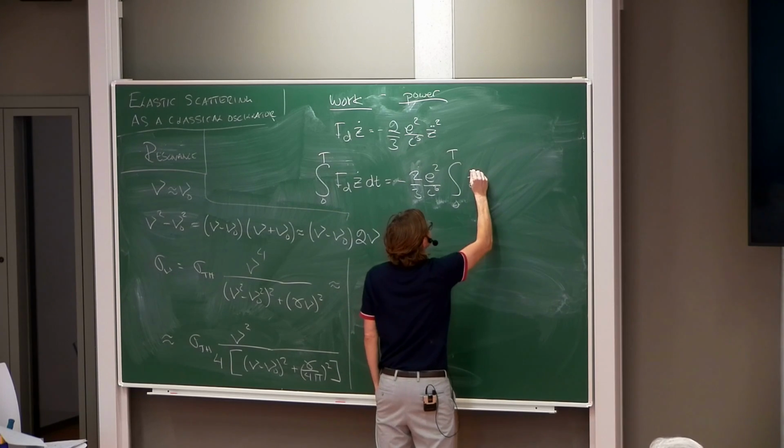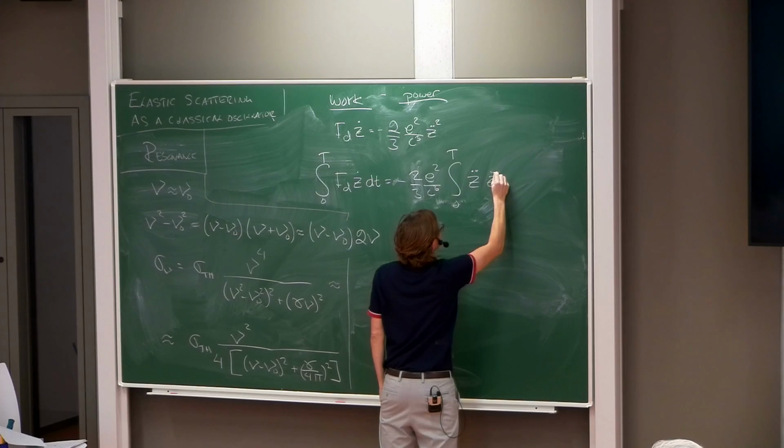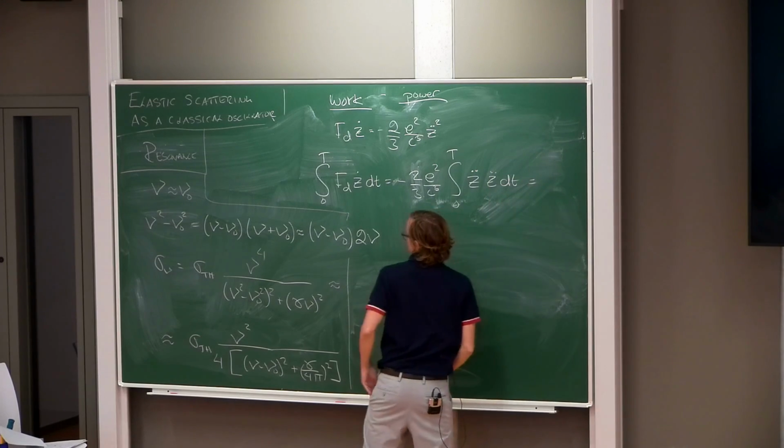So we can write this as c double dot squared dt. Okay.